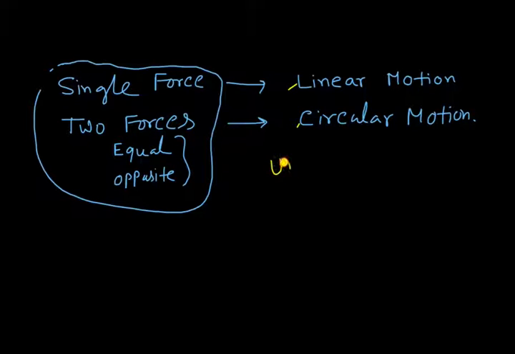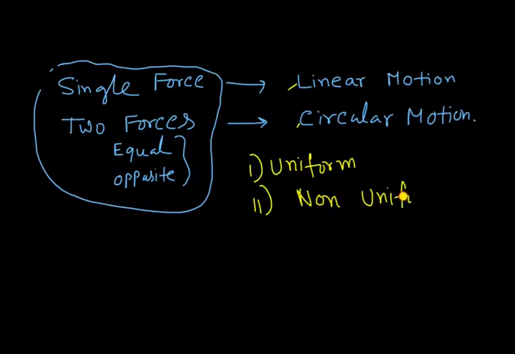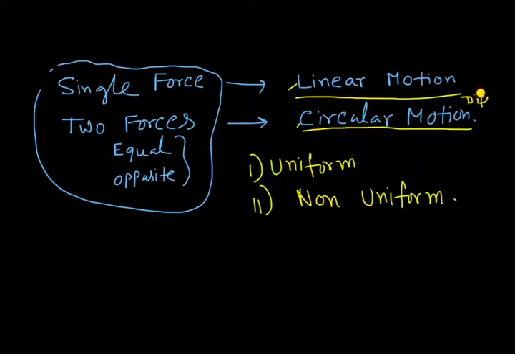One is uniform and another is non-uniform. Today we will see what is uniform circular motion, what is uniform linear motion, and what is the difference between uniform linear motion and uniform circular motion.